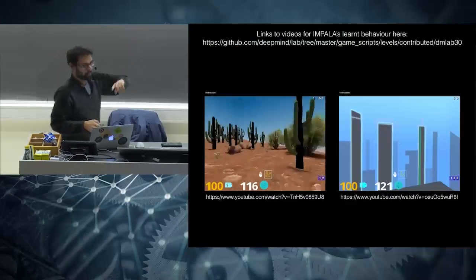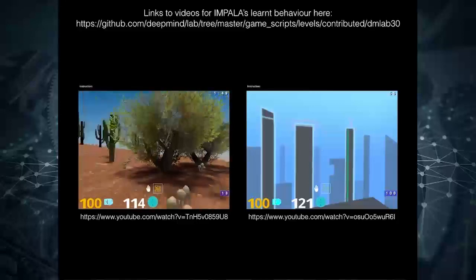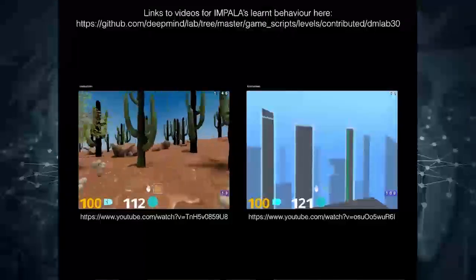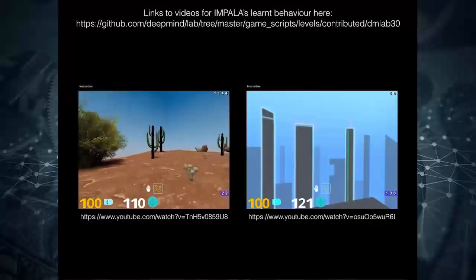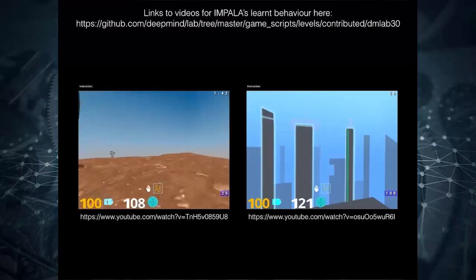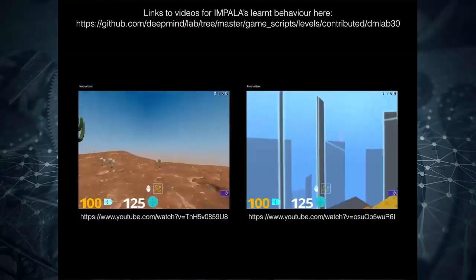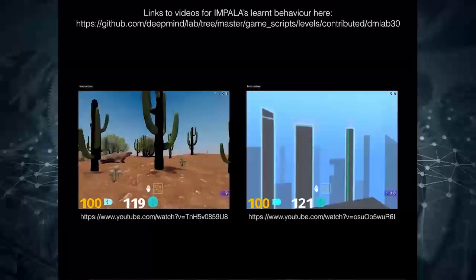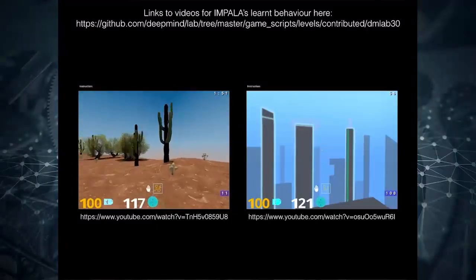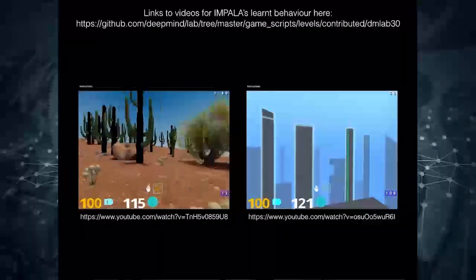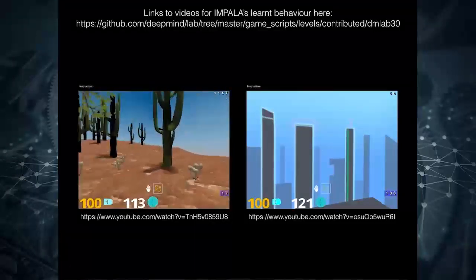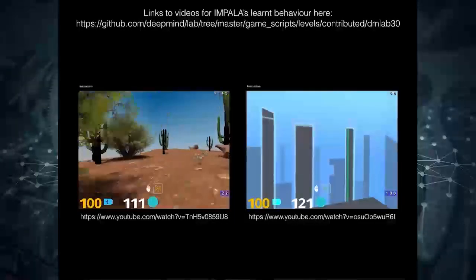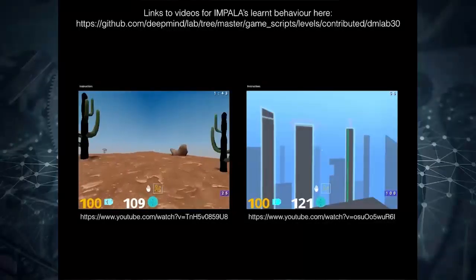Here these are just results from 2 games. One is a mushroom collection game, and another is a game where the agent has to go over platforms to collect some reward, but it cannot jump, so it has to plan.